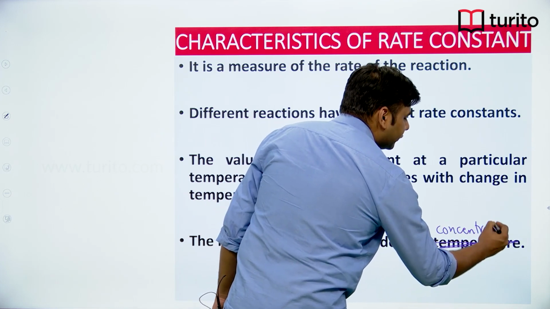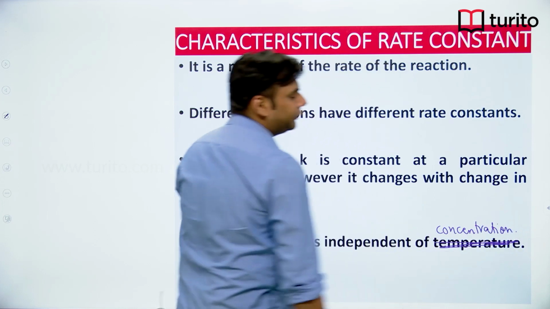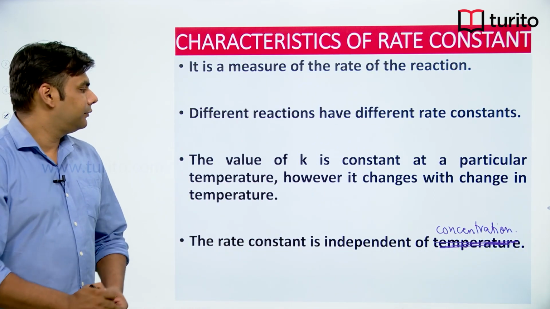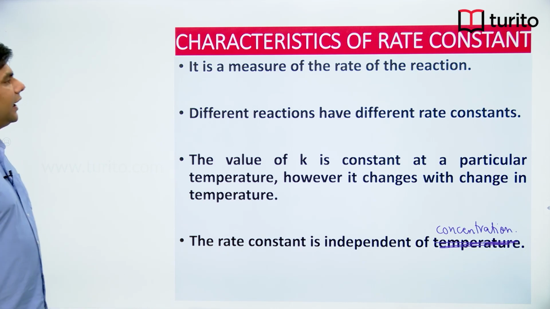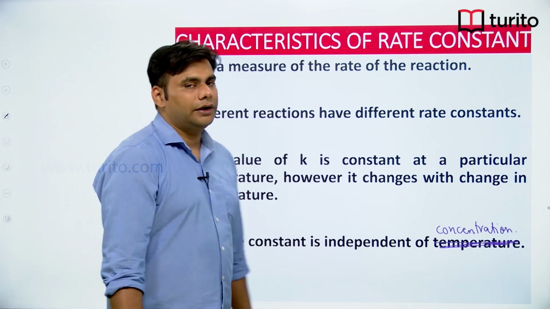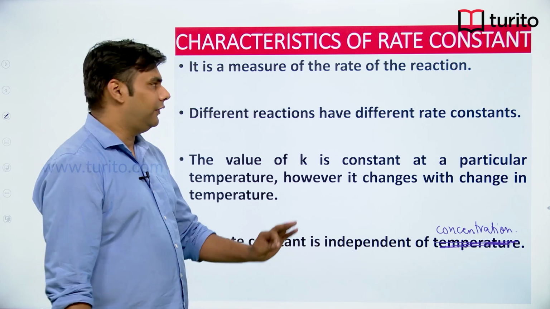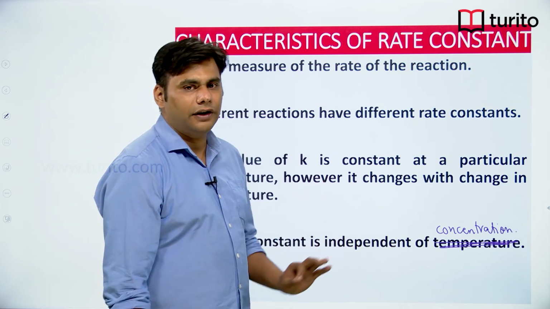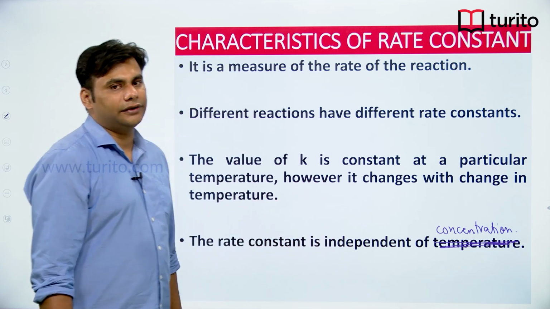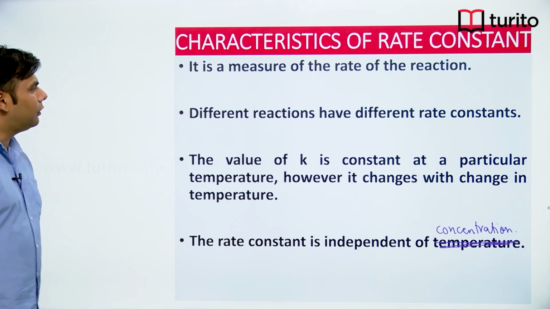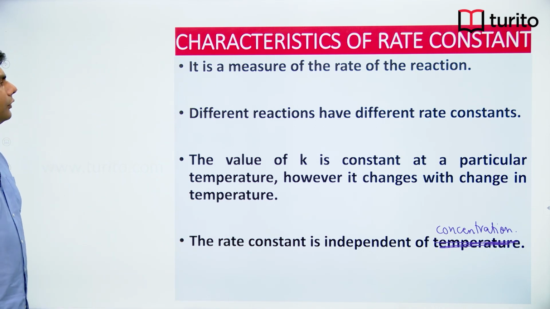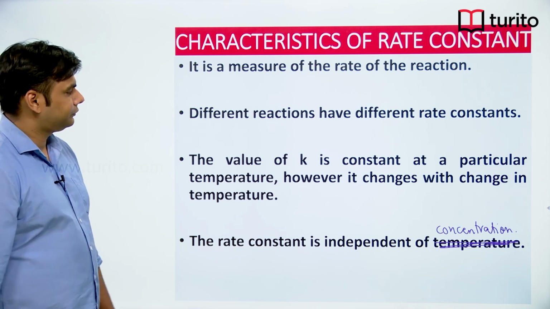So the rate constant is independent of the concentration. Okay. So these are the characteristics of rate constant. We will study the unit of rate constant when we have defined order of reaction properly and studied some cases. Okay. So just have a quick look, or you can take a snapshot, or write this in your copy. Okay.